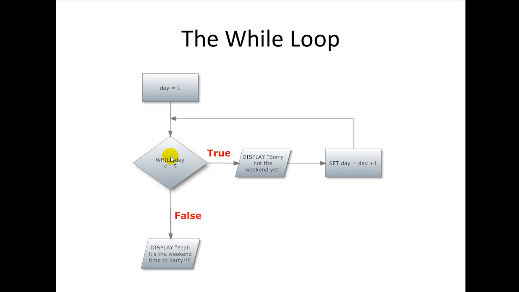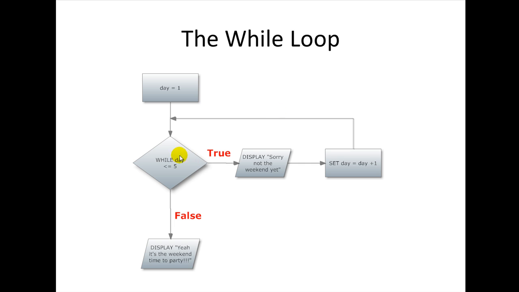When they enter into the loop, it's going to be while day, which is 1, is less than or equal to 5, display, sorry, not the weekend yet. And then it sets day here, so all we're doing is adding. We're setting day now equal to day plus 1. So now when this comes back up here, day is now 2.